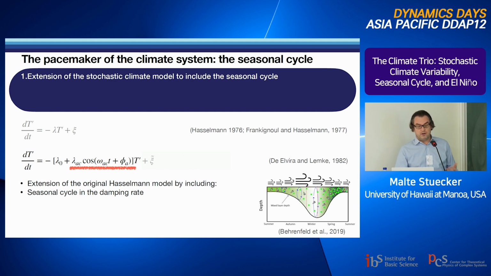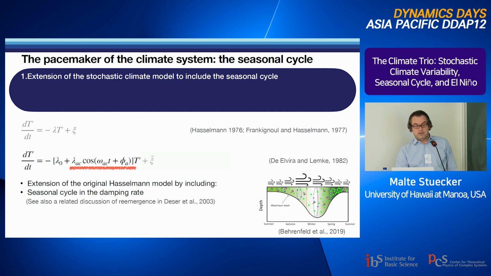And you can argue, think about physics that lead to that. Partly one reason is the seasonal cycle of the atmospheric variability and the associated depths of the mixed layer going through the seasonal cycle in the extratropics.